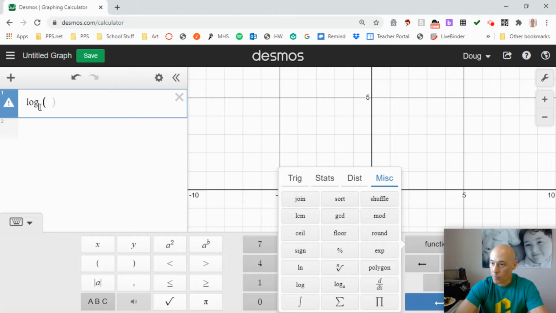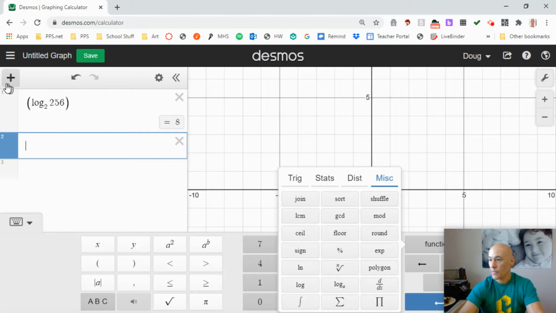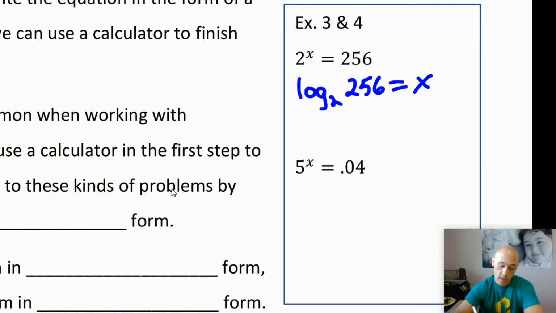And so the problem we were looking at was log base 2 of 256. And then we can just hit enter and notice that it equals 8 right there. So this is x is equal to 8.